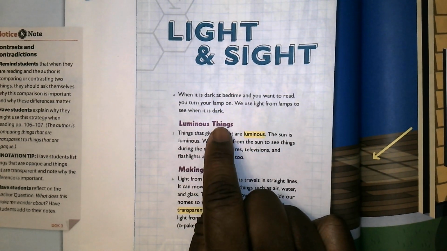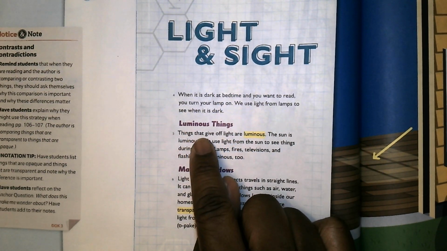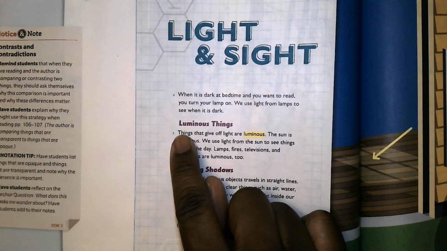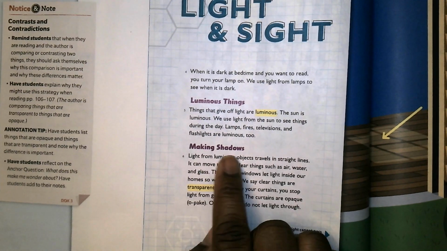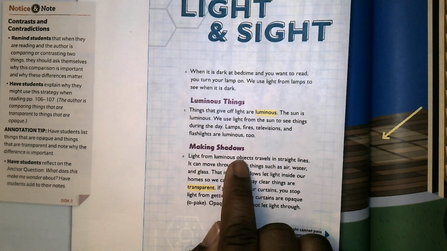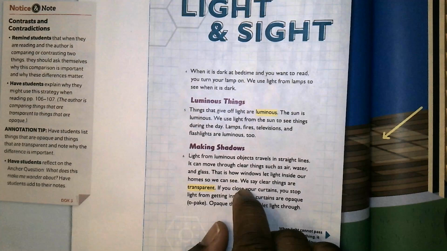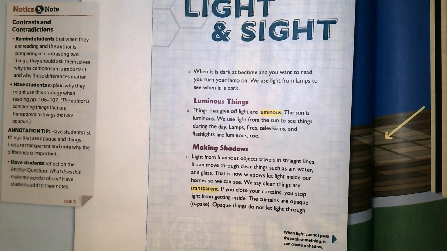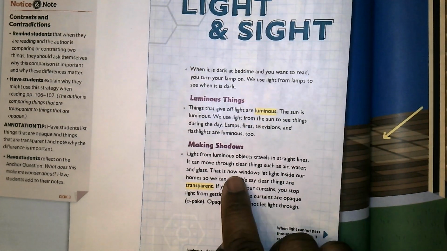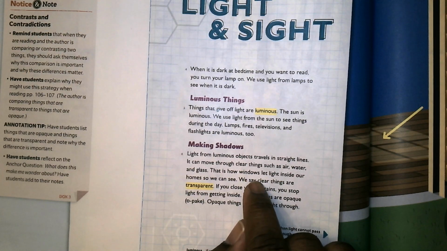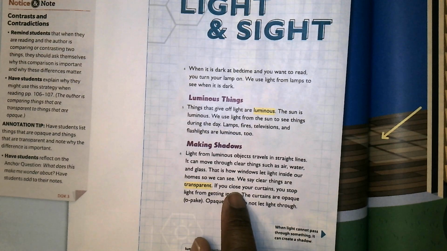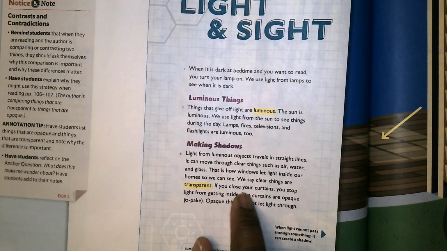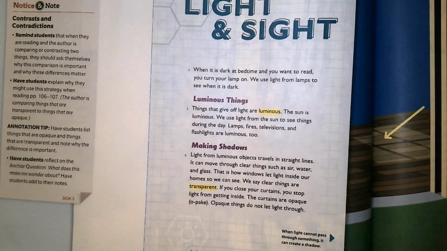And then looking at subheaders, luminous things, which luminous, I remember, means that it's something that gives off light. And then shadows, making shadows. Light from luminous objects, when it can travel straight through something, clearly it will let the light in, but if something stops that light from coming through, then it will create a shadow.